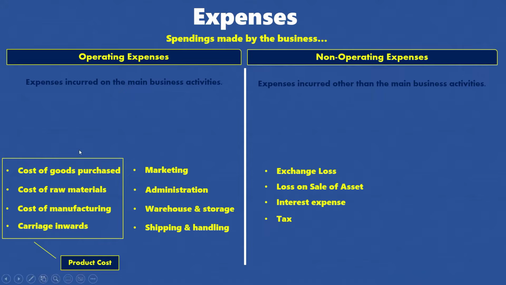On the other hand, if you look at these expenses which are marketing, administration, these expenses are also incurred for the purposes of business, but they are separate from the main product or service.